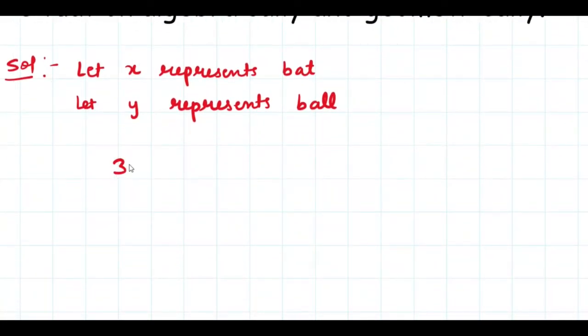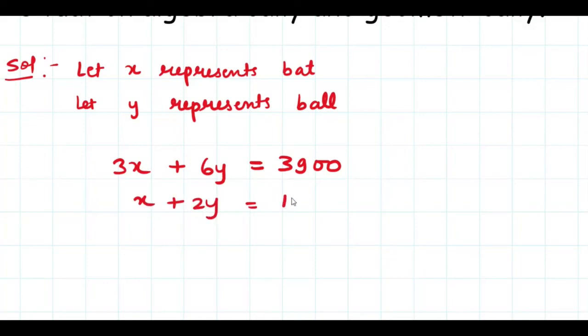And it is said that 3 bats and 6 balls cost 3,900 rupees. That means 3x plus 6y costs 3,900 rupees. As you can see that 3 is common on both sides, so let's divide the equation by 3. So we have x plus 2y is equal to 1,300.